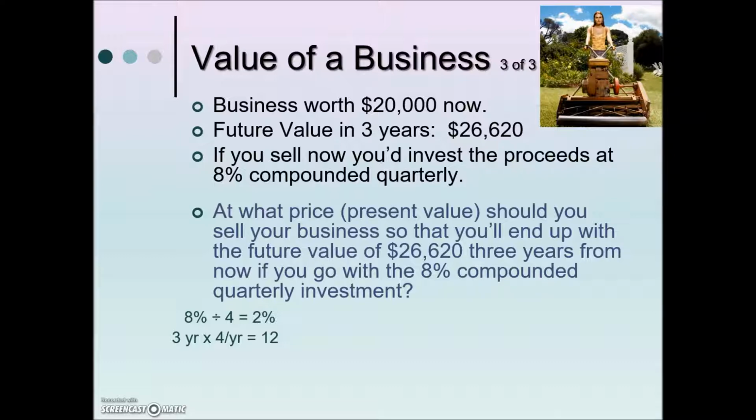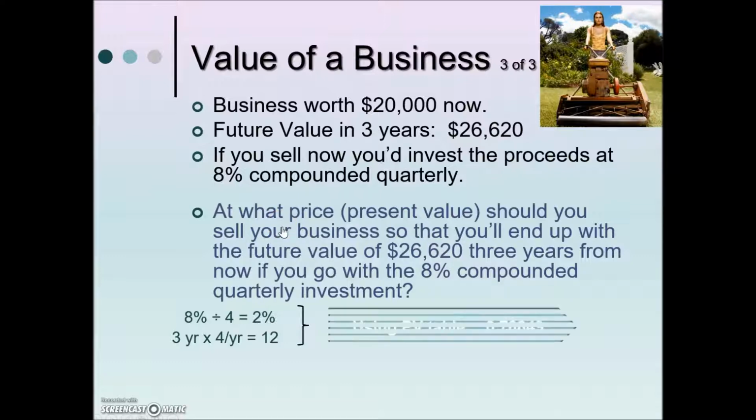The present value, which equates to the asking price, will then be found using our present value table, and these two values, the I of the 2% column and the N of 12 in the row, intersect at 0.78849.